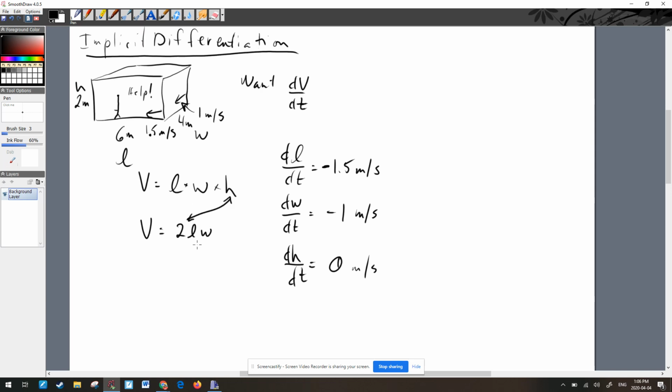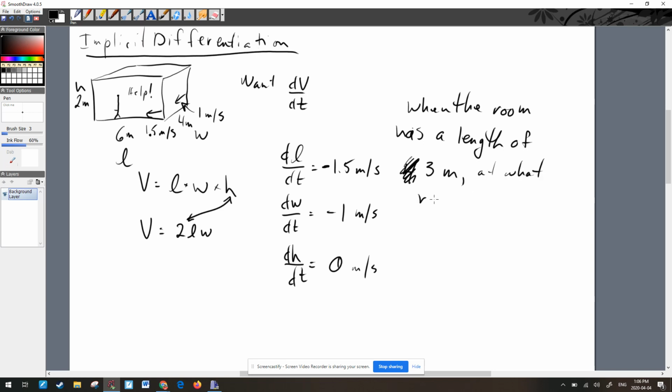So I want to differentiate this with respect to time. And I'm going to have to give some more information. Let's say that when the room has a length of 3 meters, at what rate is the volume changing?